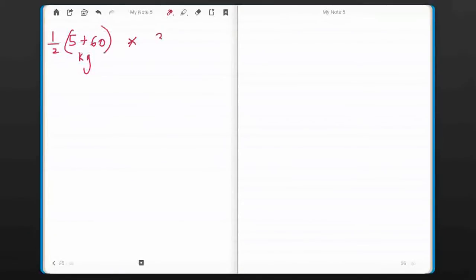So what do we expect to get? Well, we expect to get something like, let's just say 90 something. Because 65 times 3 would be 195, and half of that is roughly 90.